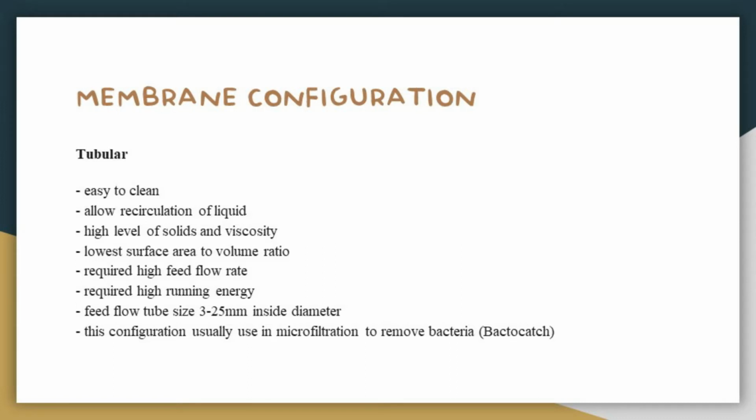Okay, the first one is tubular. The tubular is easy to clean, allows recirculation of liquid, has the lowest surface area to volume ratio, and it requires high feed flow rates and high running energy, and it handles high levels of solids and viscosity.